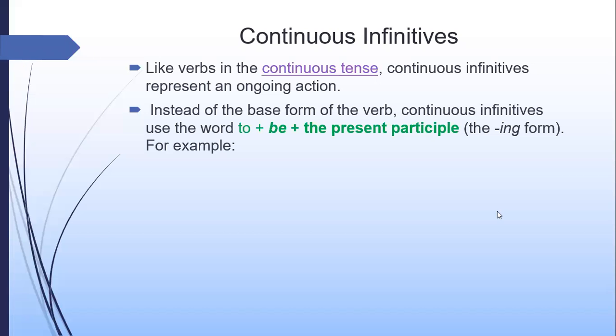For example, let's check the example. To be doing: to be, then ing form. Before this, in passive infinitive, we had to be plus the past participle. Right now we have the present participle, meaning verb first form plus ing.